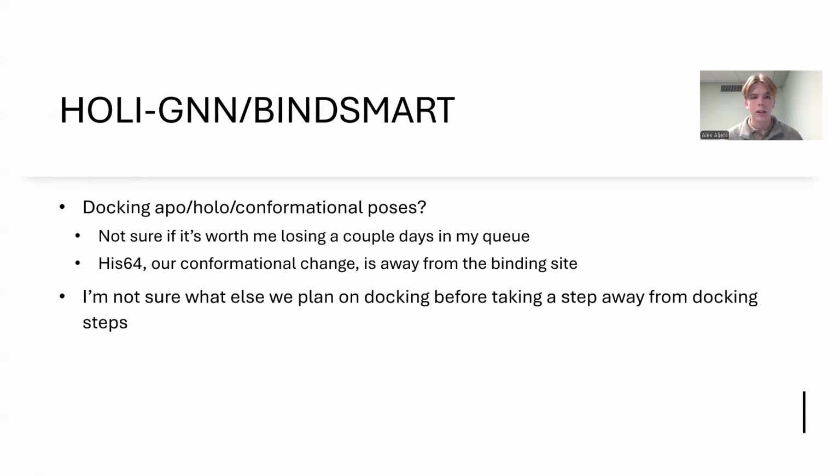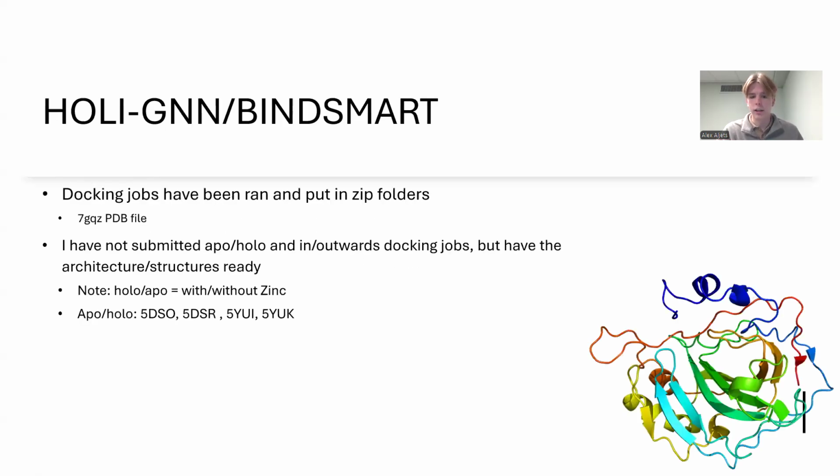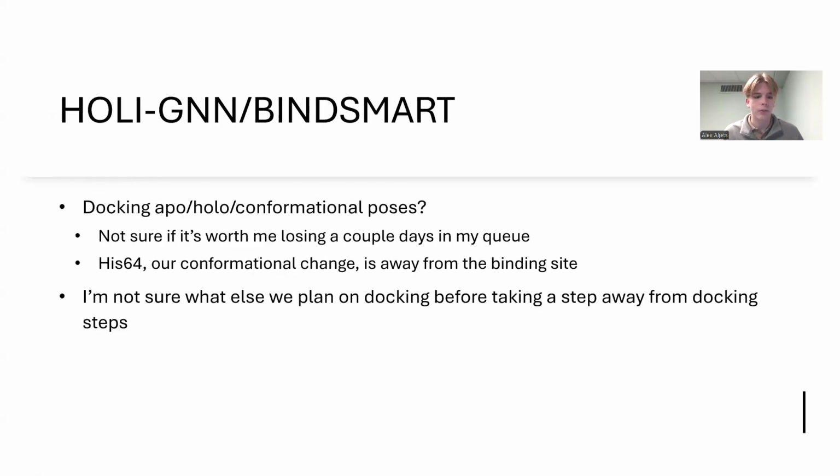I'm not sure if I should walk through with this, especially since the default structure that we're looking at is a different PDB format than the stuff I was looking at with the 5D, the 5Ys.